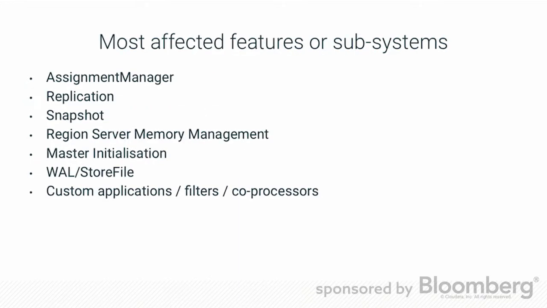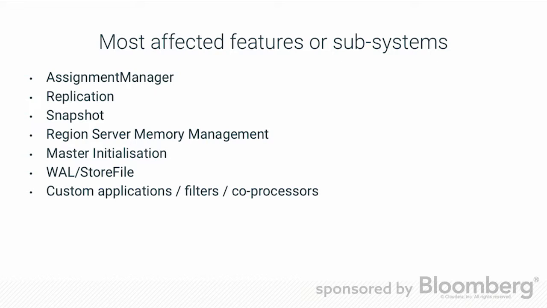So from the common types of problems, the most affected features are subsystems or even third-party components. We could list assignment manager, usually related to performance and read-related cases. Replication, of course, would be related to replication consistency issues, but could also be involved in the mentioned file system usage exhaustion.